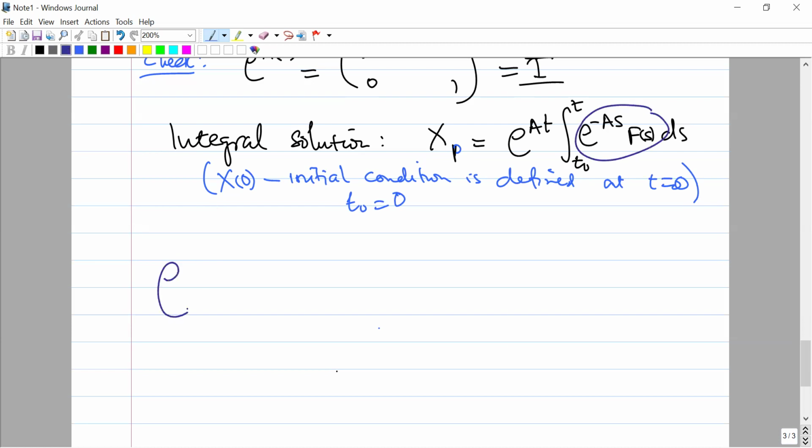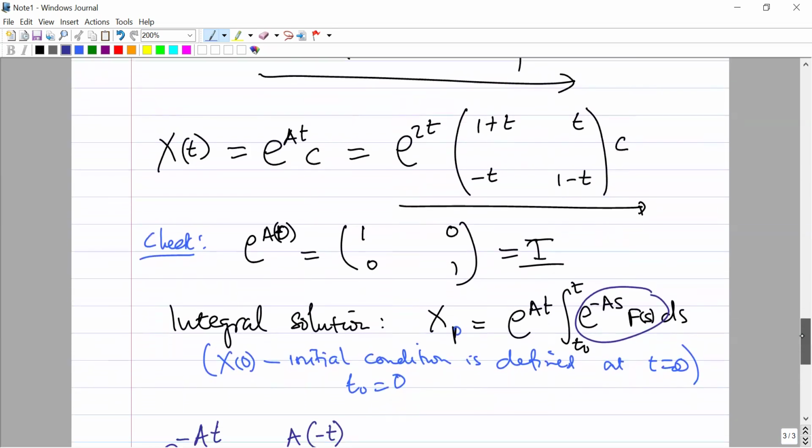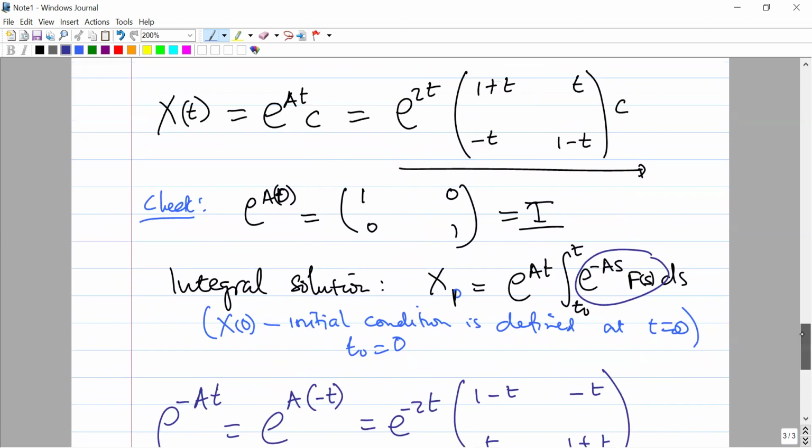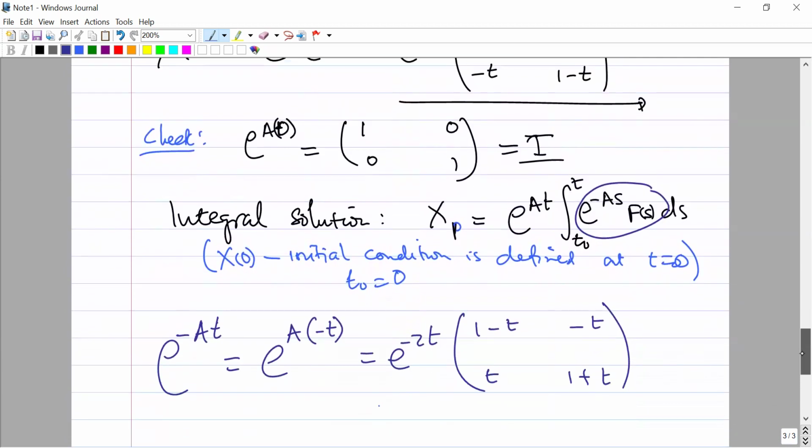So e to the power minus as is then equal to e to the power a, where we replace t with minus t. Then this will be equal to e to the power minus 2t, and then inside we have 1 minus t, t, 1 plus t, after replacing t by minus t.